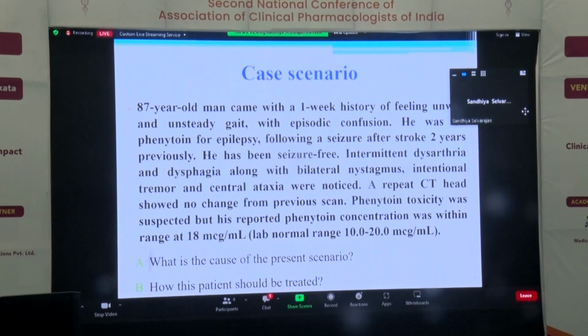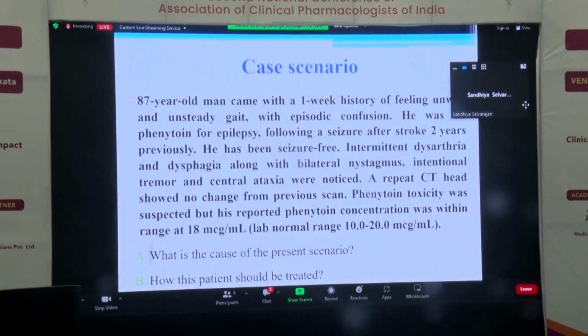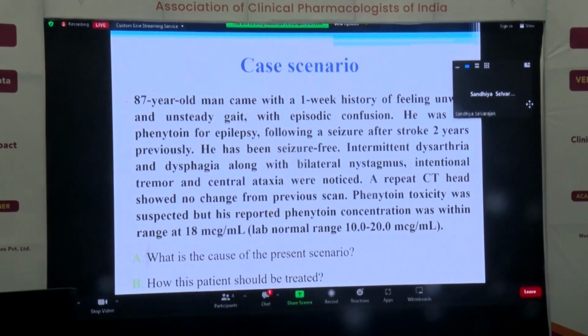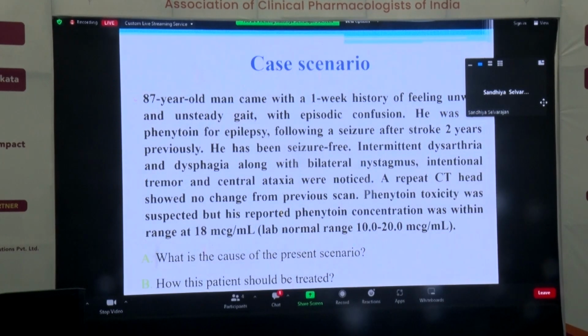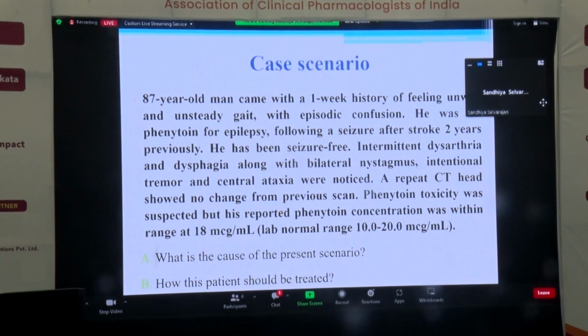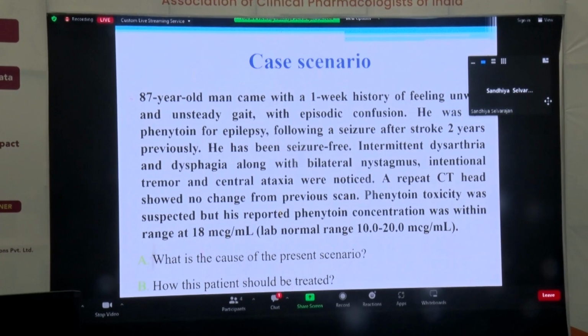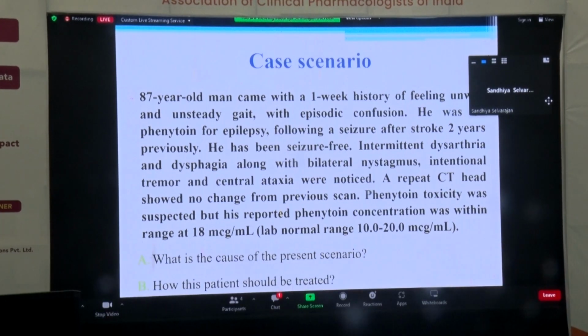So the treating physician suspected phenytoin toxicity and asked for phenytoin concentration, but the TDM showed the phenytoin concentration is within the normal range of 10 to 20 microgram per ml. It was within range. The concentration was 18 microgram per ml. So now there's a confusion.